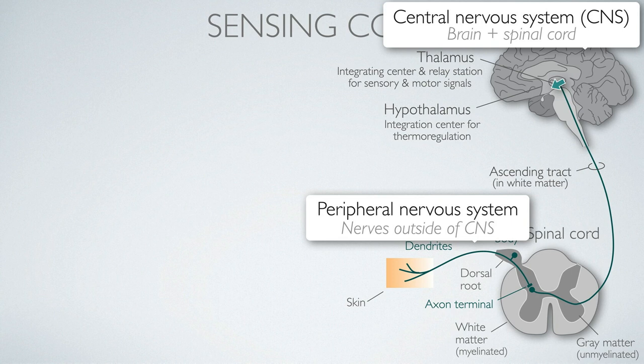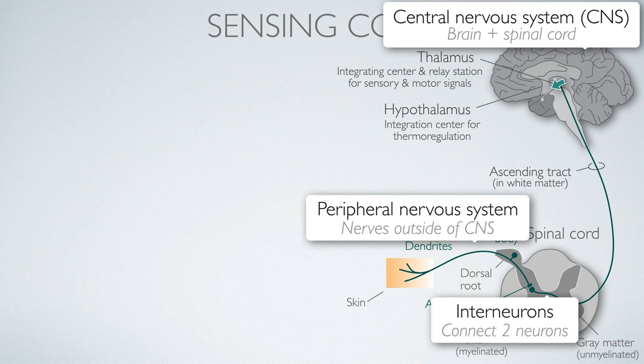Another term here is interneuron. Okay, an interneuron is a neuron that connects to two neurons. So the dendrites might be receiving signals from one neuron, and then the axon will have a chemical synapse to other neurons on the other end. So that's what an interneuron is.